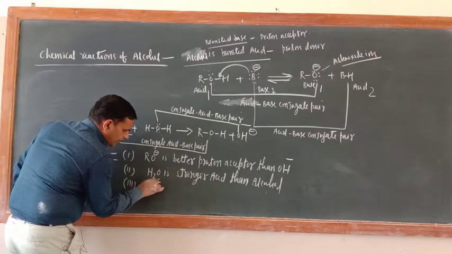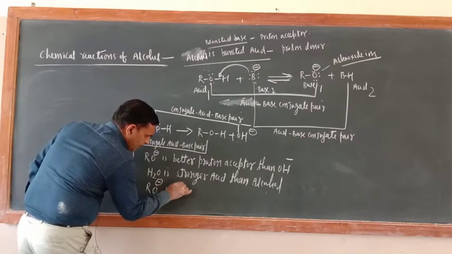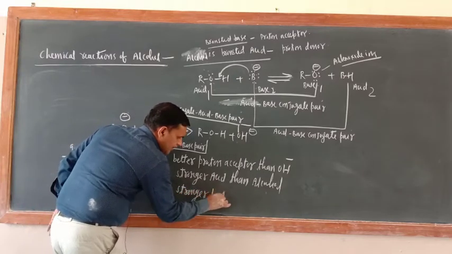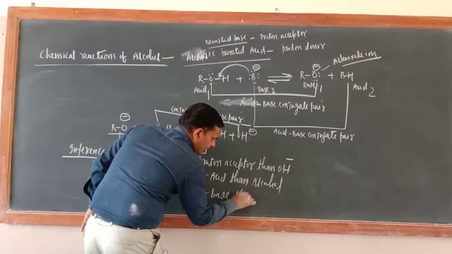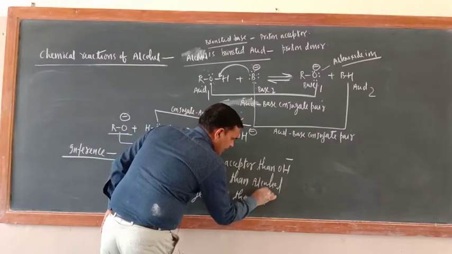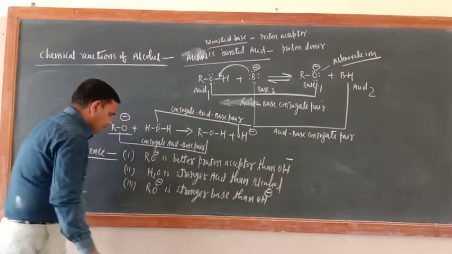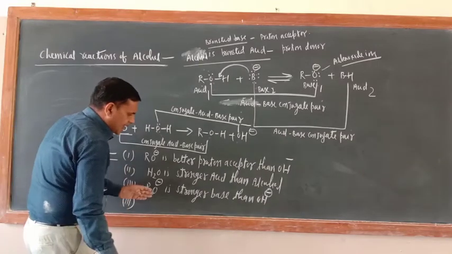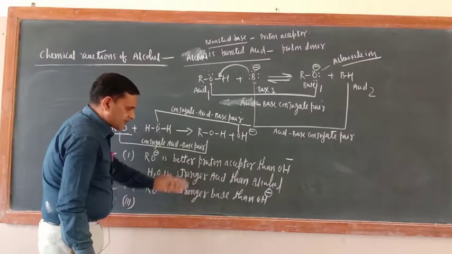RO negative is a stronger base than OH negative. Now we can write in this way also: sodium alkoxide is a stronger base than NaOH.